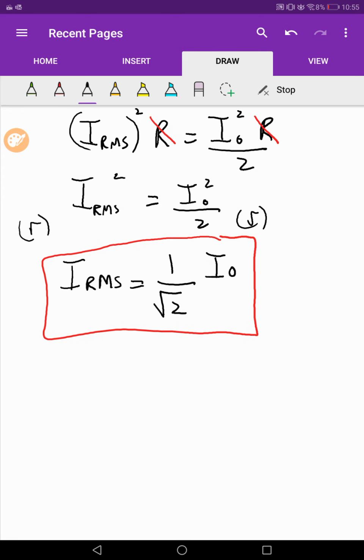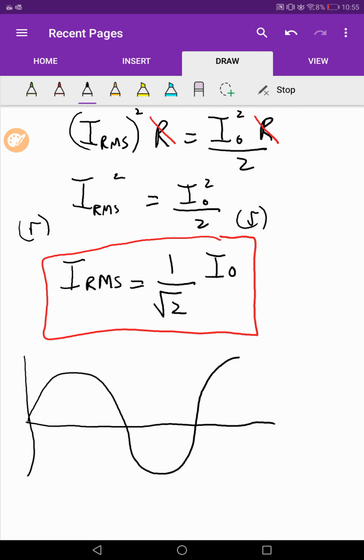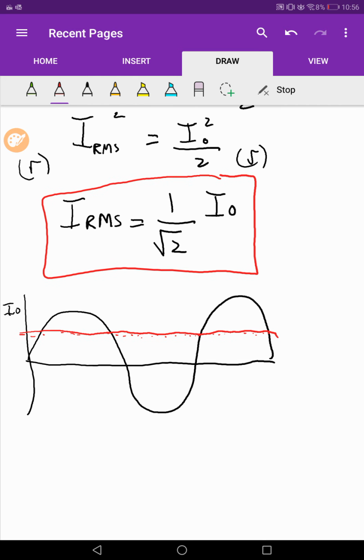So if I go and draw my graph again, and this value here is I naught, if I divide that by root 2, somewhere down here, that's the value of current that I would need to give the same heating effect as the AC gives. So that, if that was I naught, that would be my IRMS.